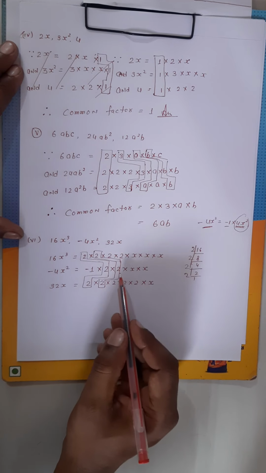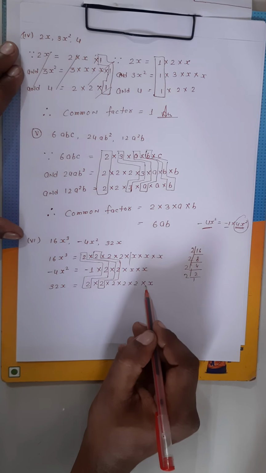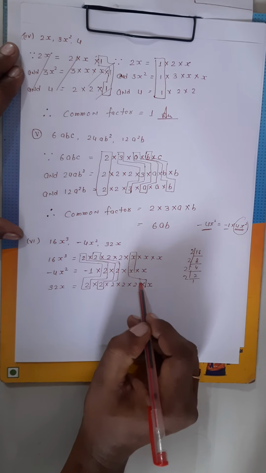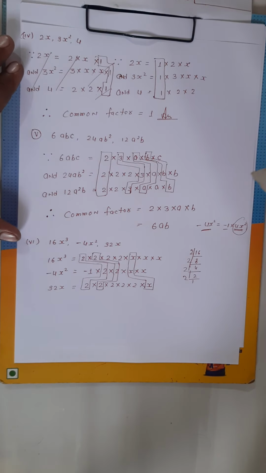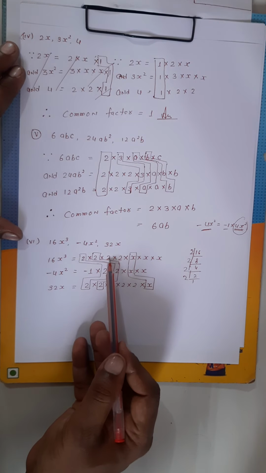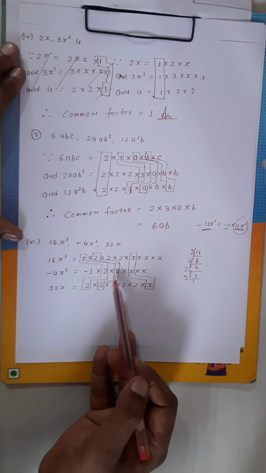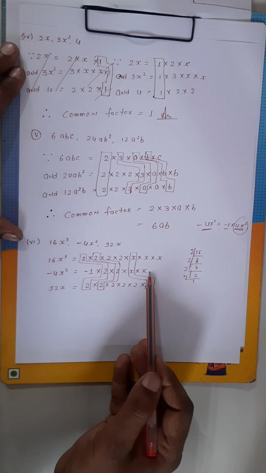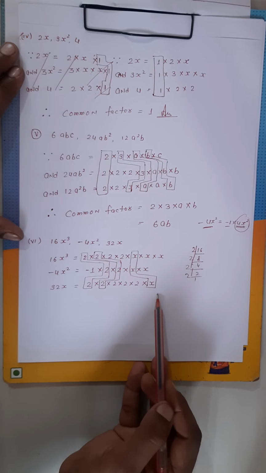Now x: this x is common in all except this third term. For this 2 there is no common, and for x there is no other x. Here is one x, but here not any x. So there is no common.